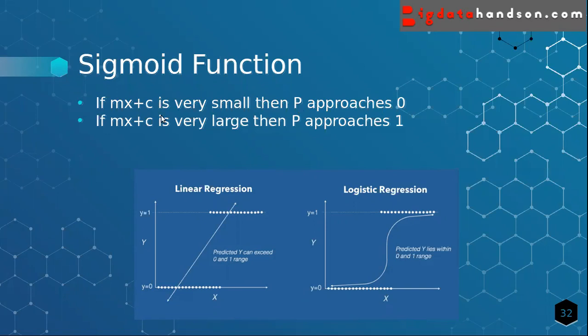Okay, and if the mx plus c is very large, then p approaches 1. Okay, so this is how we convert the regression line into a sigmoid line, and then we predict the classification type of data. Okay.